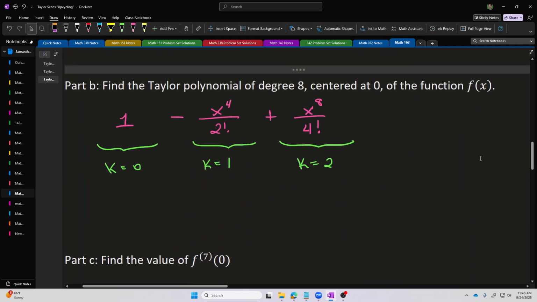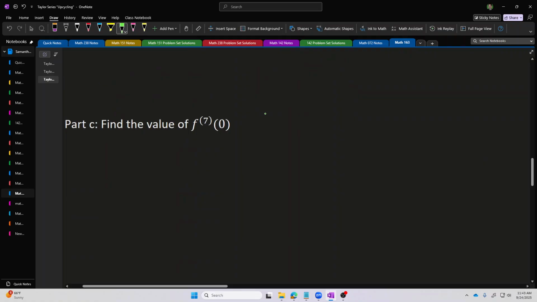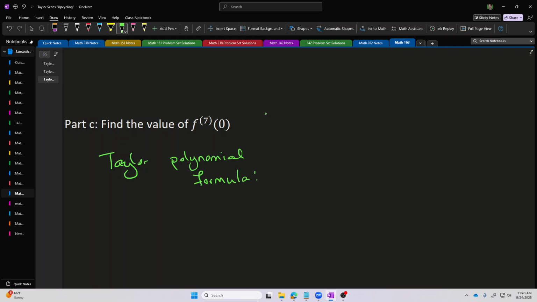So instead, what I'm going to do is remember the role played by this derivative in my Taylor polynomial formula. The Taylor polynomial formula for a center of a equals 0 has the term where we have x minus 0 to the 7th power divided by 7 factorial times the 7th derivative of the function with 0 plugged in.